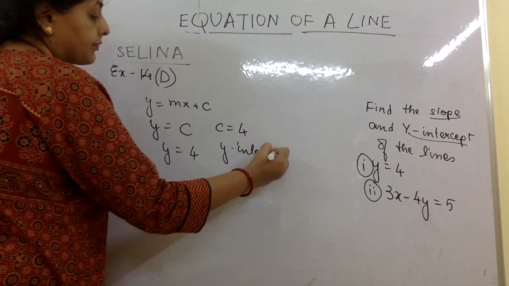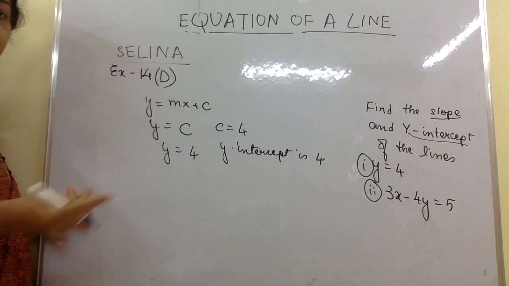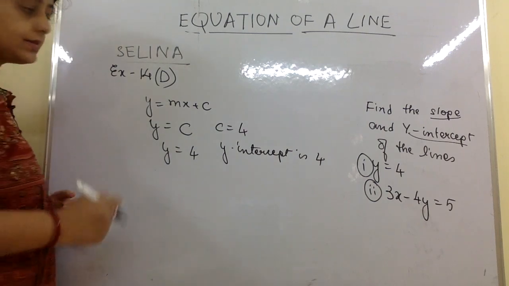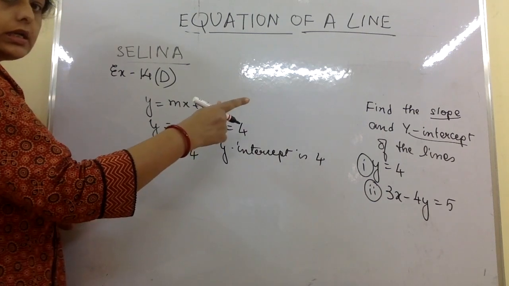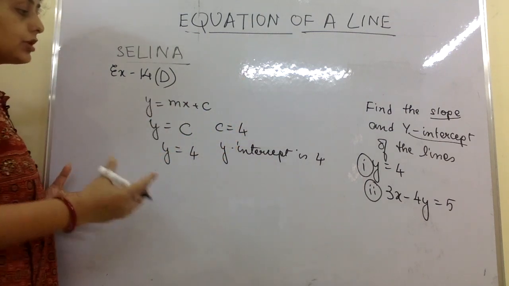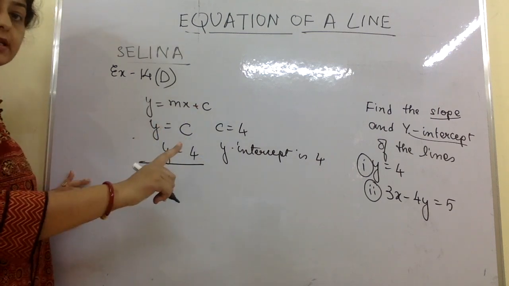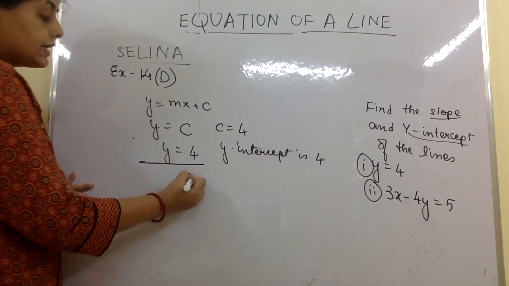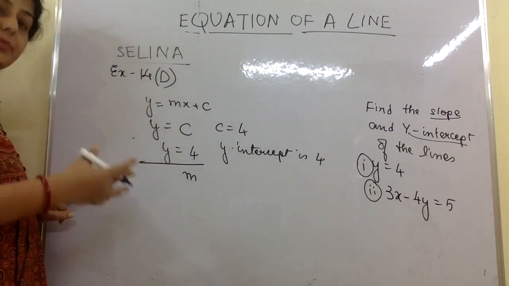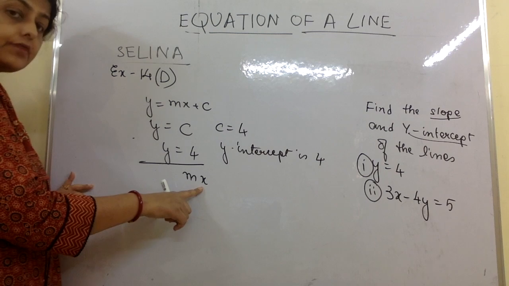Y-intercept is 4 because the constant term is 4. The constant term was the y-intercept. And talking about the slope, what is the slope? Now if you note here, the mx term is missing. That means x will take different values.